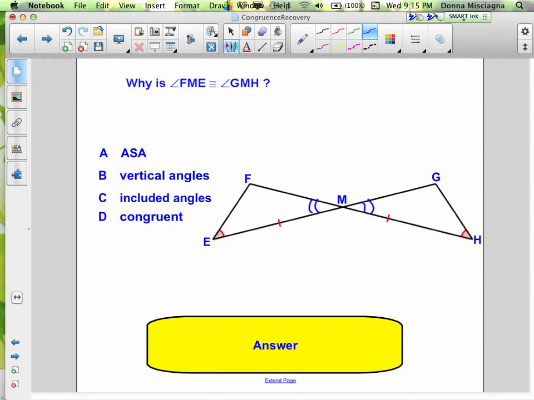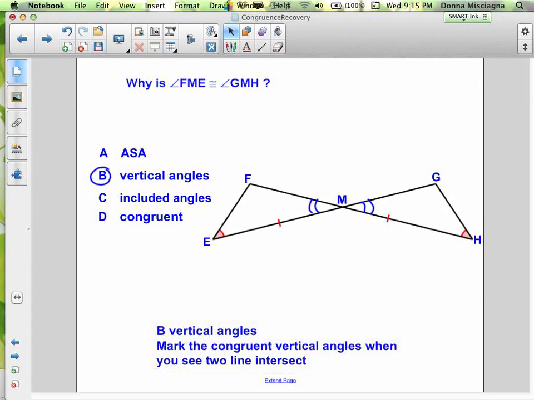They're congruent because they're vertical angles. So mark congruent vertical angles when you see that two lines intersect. We should know that those angles are congruent using vertical angles.